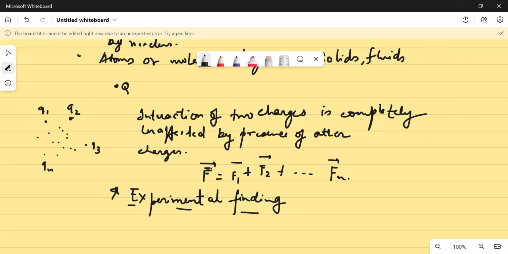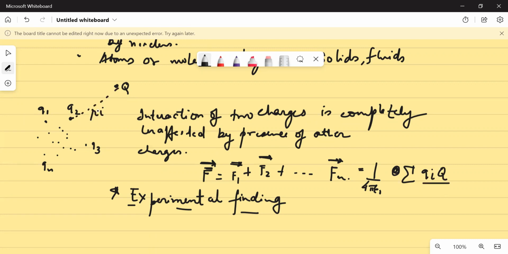So overall, understand that the total force is given by F1 vector plus F2 vector plus F3 vector plus Fn vector, or you can say 1 upon 4 pi epsilon naught, if you take it outside, and take summation of Qi, and let's say this particular distance is given by Ri.